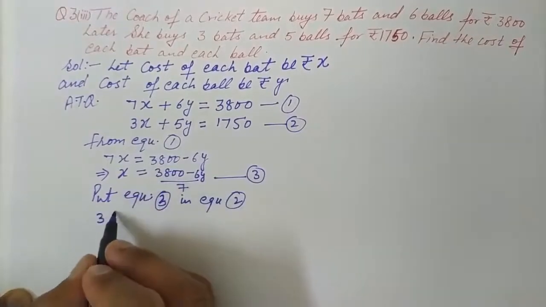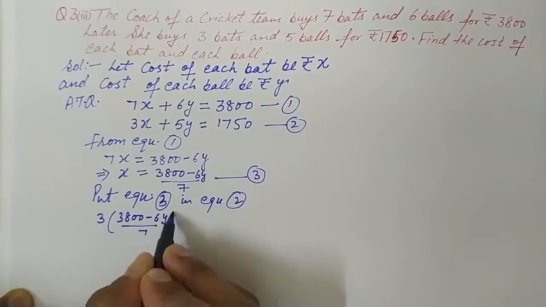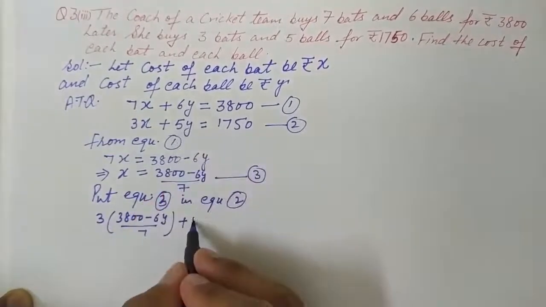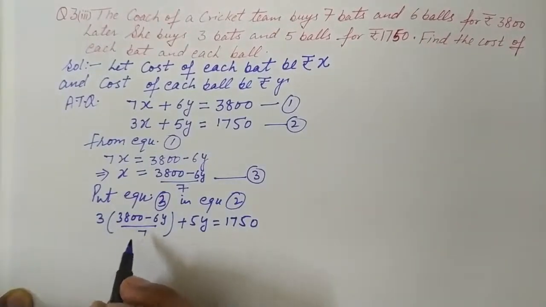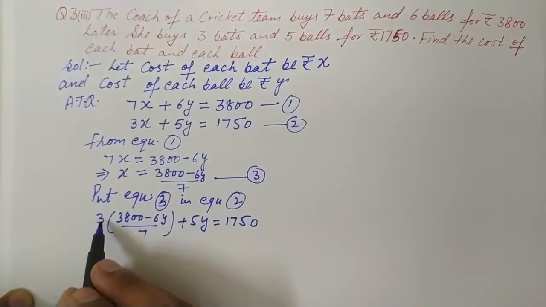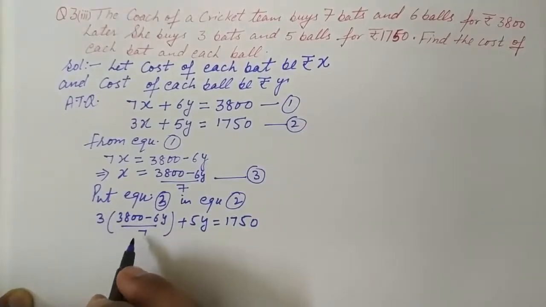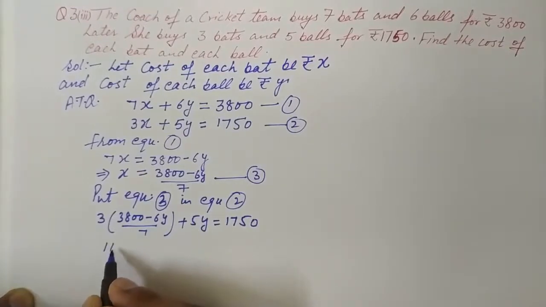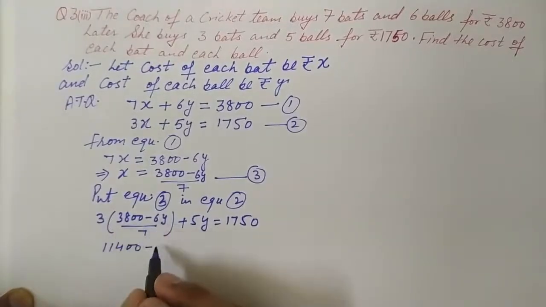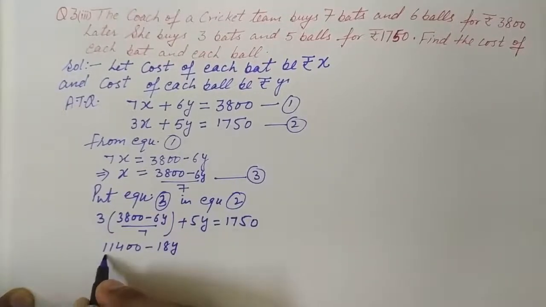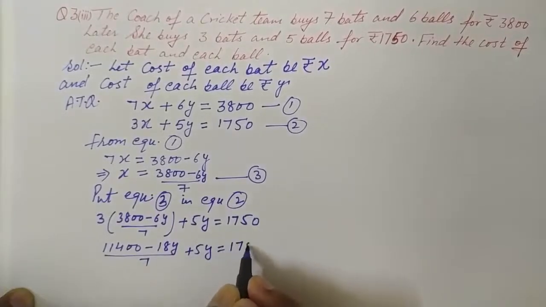So in place of x, I'll write 3800 minus 6y over 7 plus 5y is equal to 1750. Now we'll multiply this 3 with 3800 and 6y. So 3 into 3800 will come 11,400 minus 3 into 6 is 18y, over 7 plus 5y is equal to 1750.